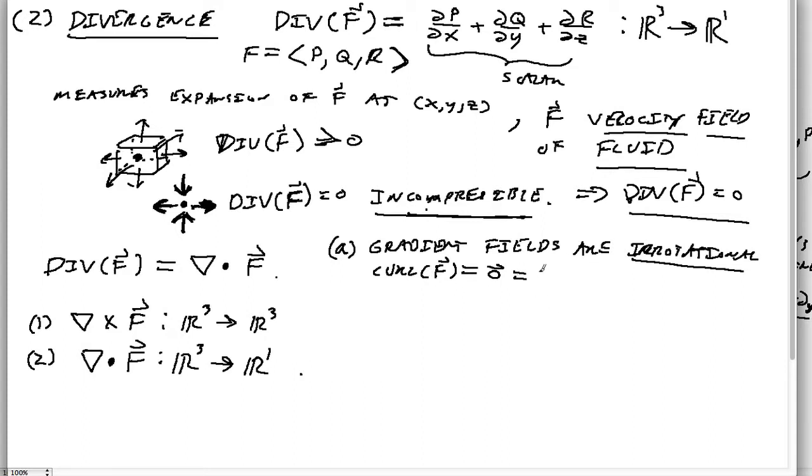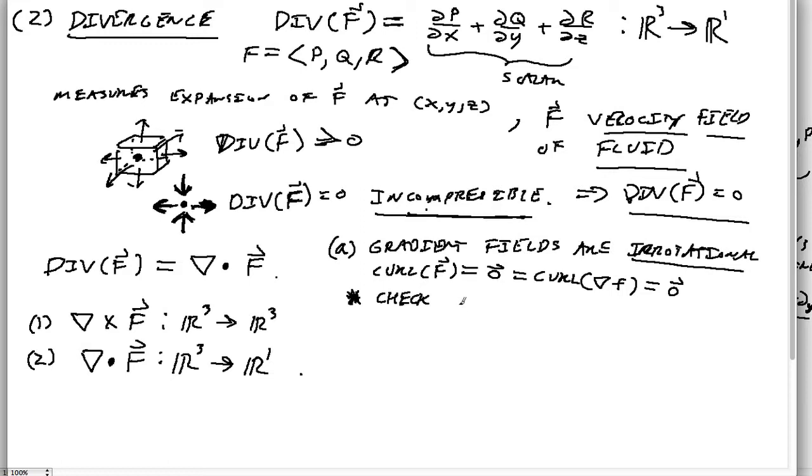We mean vector fields that are a gradient of some potential function. This is a mathematical identity that you can check yourself.